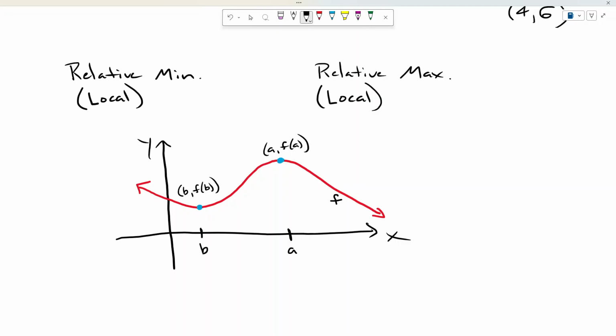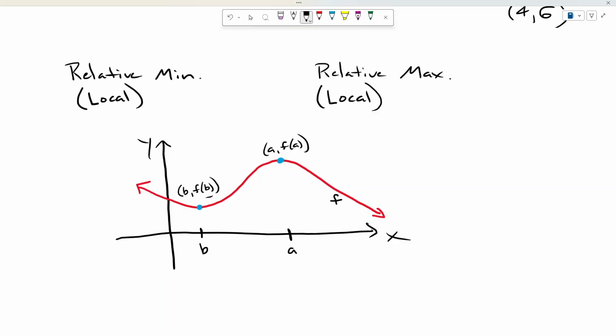And on the flip side, a function value f of b is a relative minimum of f if there exists an open interval about b such that f of b is less than f of x for all x in the open interval. So that's our technical definition.